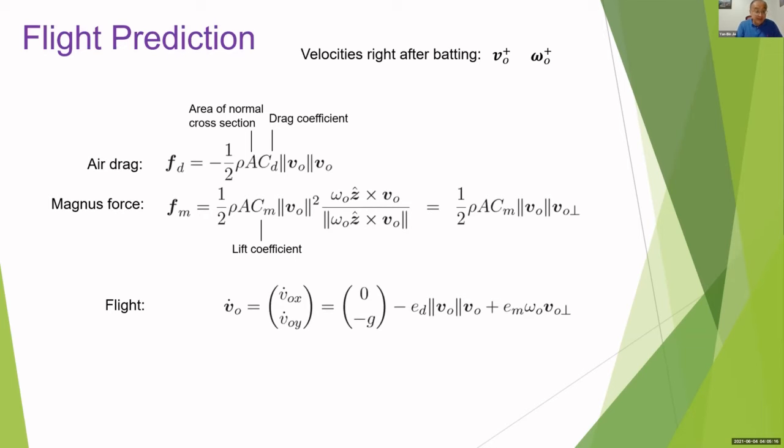Another example is from soccer: you can do the banana kick, making it bend outward or inward, depending on which part of your foot touches the ball. That Magnus force is always orthogonal to the velocity, and in planar cases also orthogonal to the z direction, the outward direction.